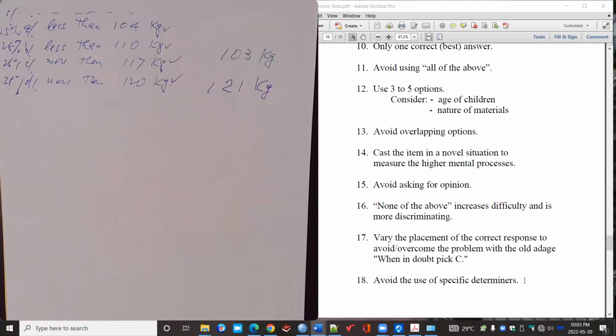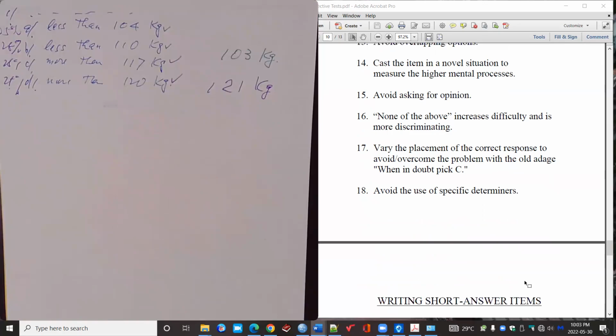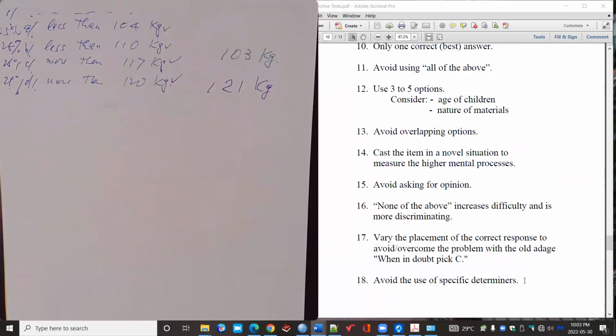Avoid the use of specific determinants. We discussed this, right? Probabilistic, likely to be true. Deterministic, likely to be false. So remember this. That's it for multiple choice.